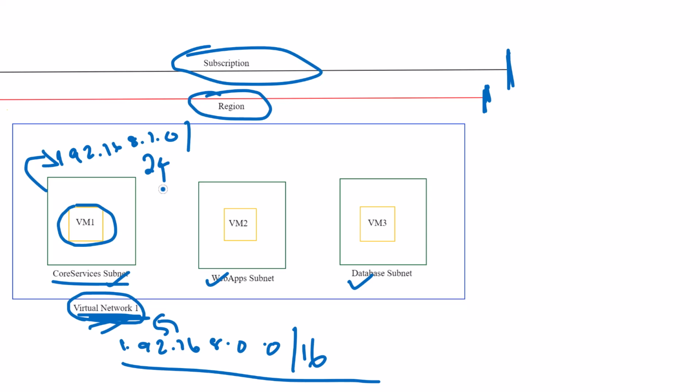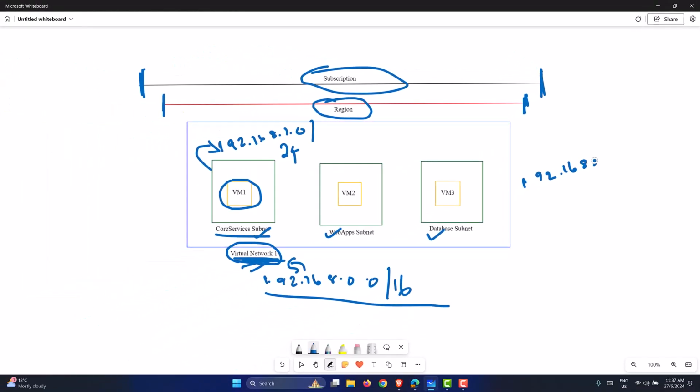So for example, if you take this one, which is an easier example, 192.168.1.0. So the first address, the .0, is the network address. So that is taken. Then 1.1 is always taken by Azure. That is used for the gateway purposes.